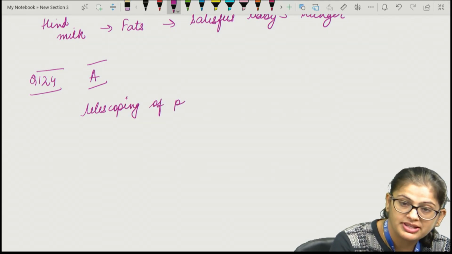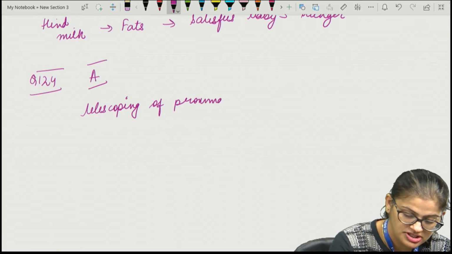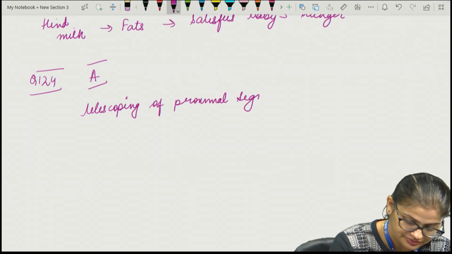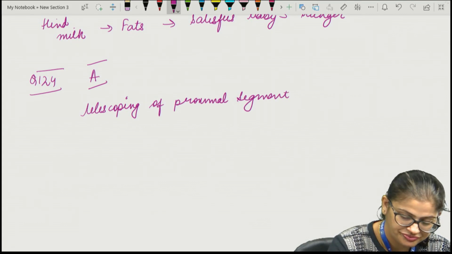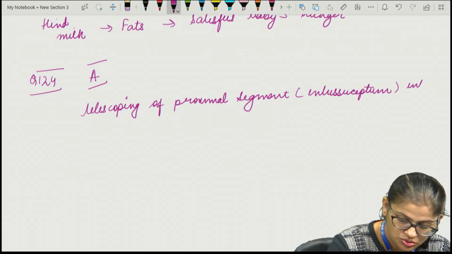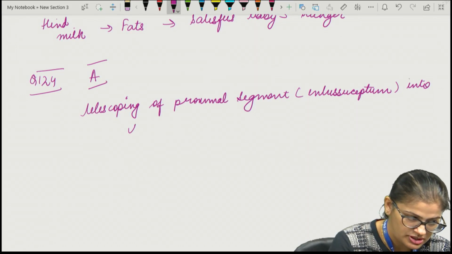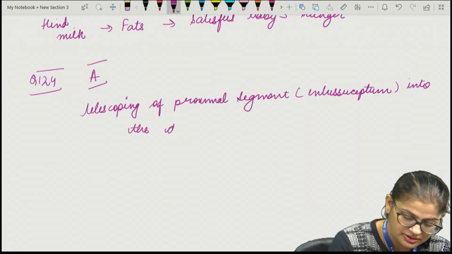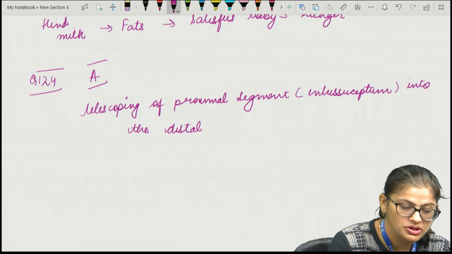a proximal segment of the intestine, which becomes the intussusceptum, into a distal segment, which becomes the intussuscipiens.